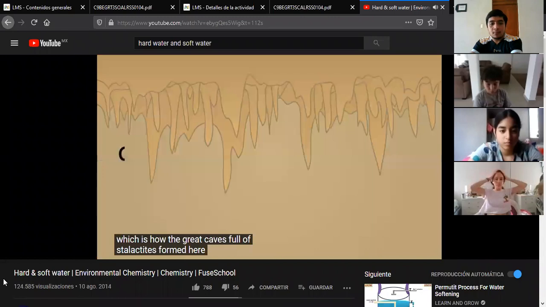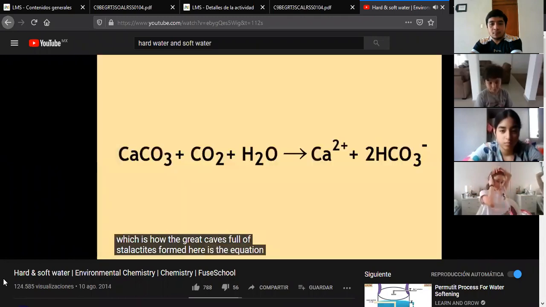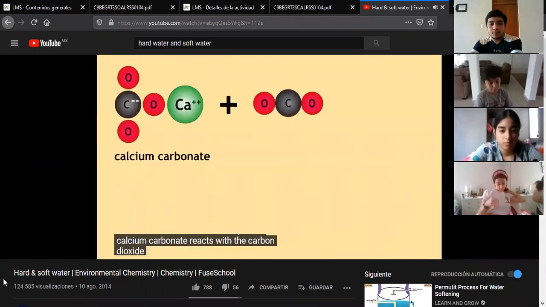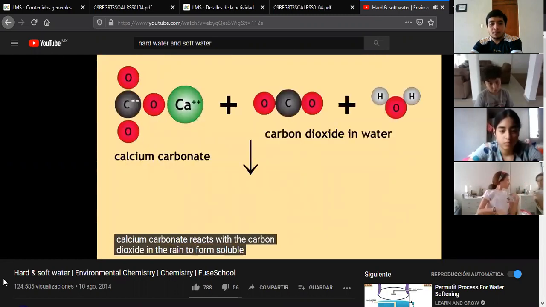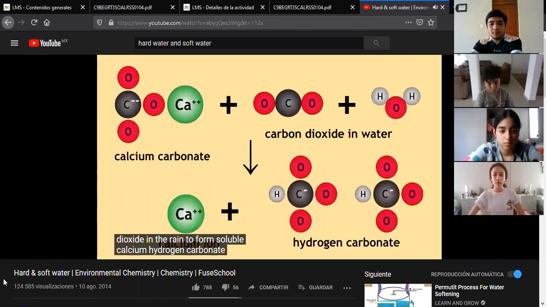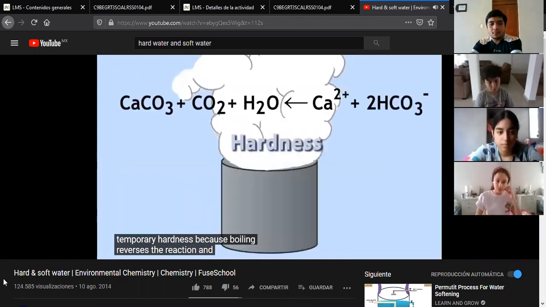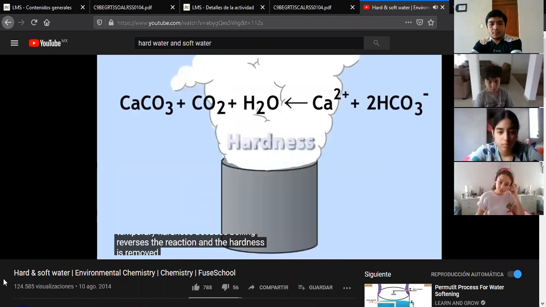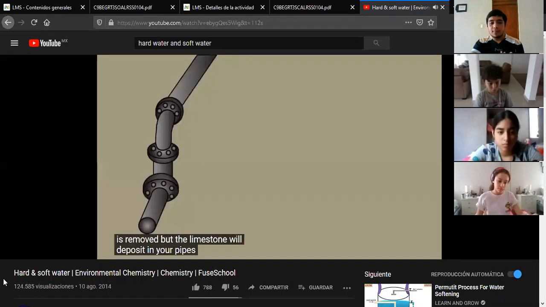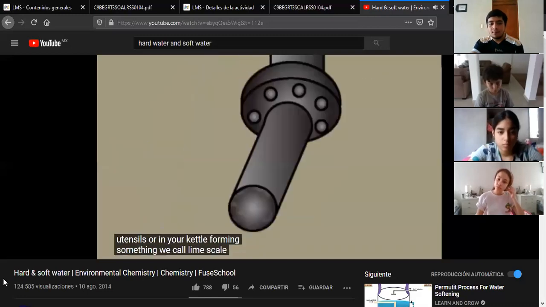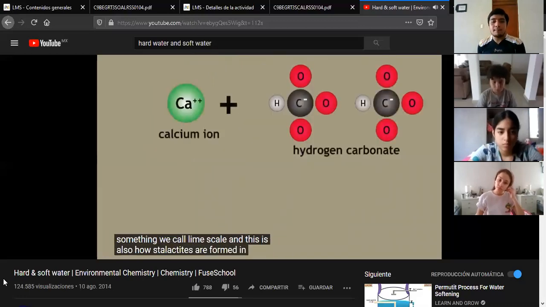Here is the equation. Calcium carbonate reacts with the carbon dioxide in the rain to form soluble calcium hydrogen carbonate. This form of hardness is called temporary hardness, because boiling reverses the reaction and the hardness is removed. But the limestone will deposit in your pipes, on the cooking utensils, or in your kettle, forming something we call limescale. And this is also how stalactites are formed in those big caves.